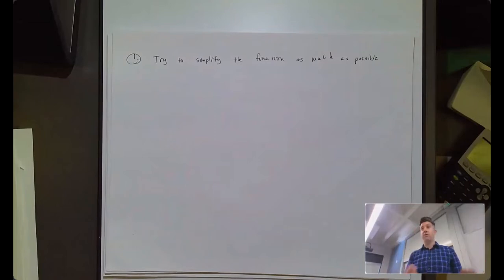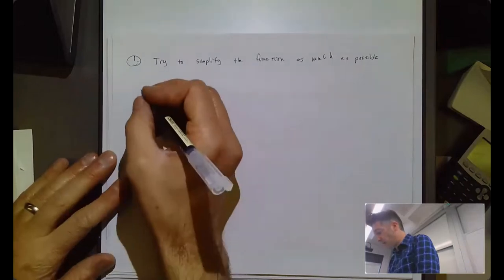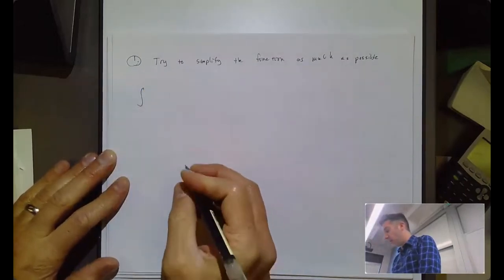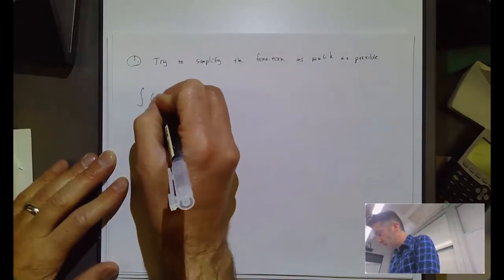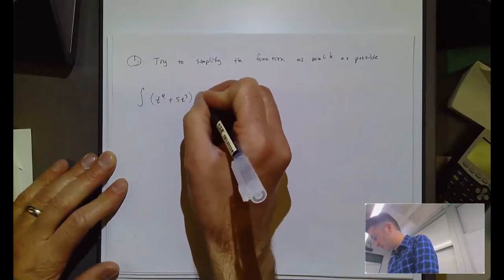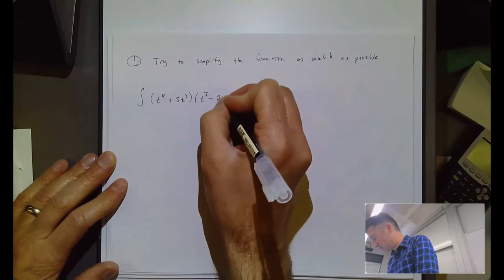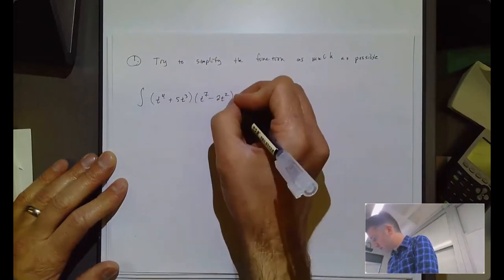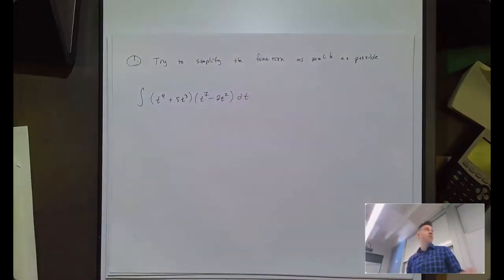So for example, if I was trying to find the antiderivative of t to the fourth plus 5t cubed times t to the seventh minus 2t squared, the only real option here is to multiply it out to get powers of my variable.